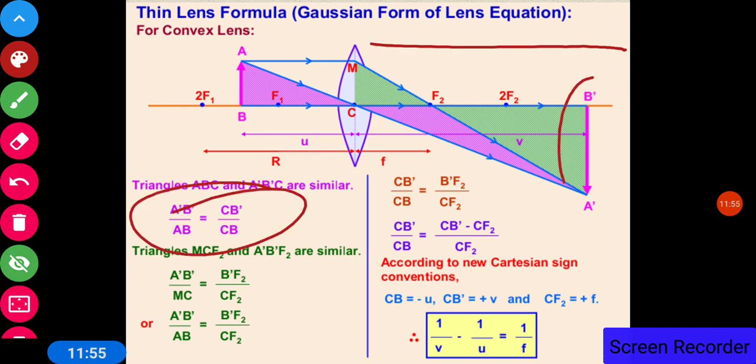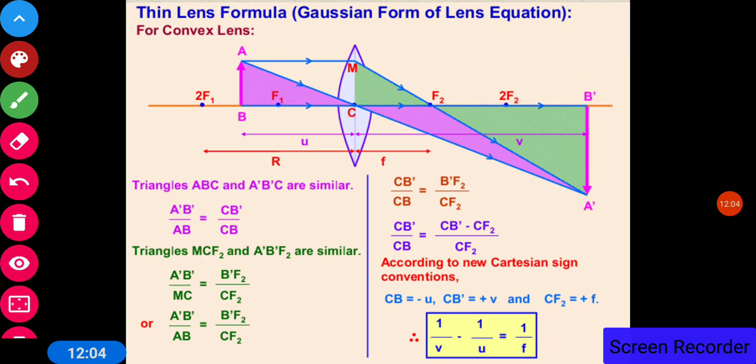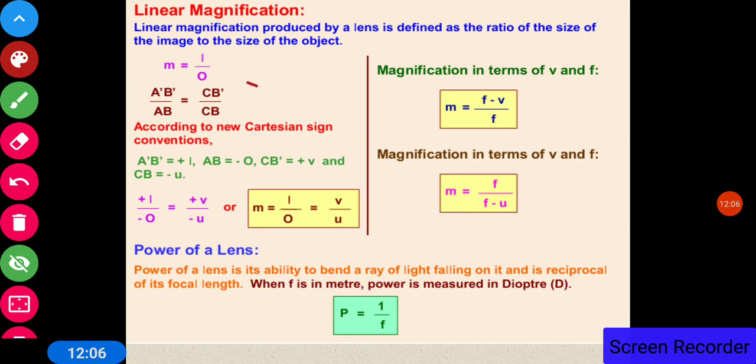So A dash B dash is the image, AB is the object, CB dash is the image distance, and CB is the object distance. So using this relation we can write the values. We will get plus I upon minus O is equal to plus V upon minus U, or we can say that M is equal to I upon O is equal to V upon U.